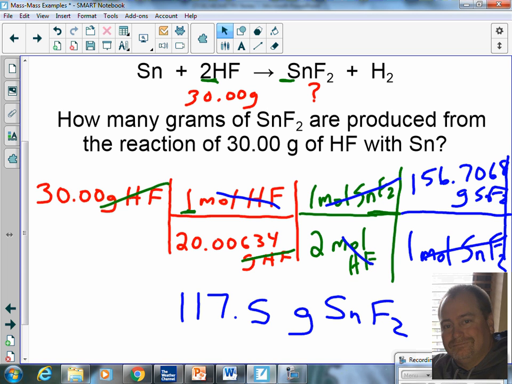Gives me another value, and then I divide that by 2 because I'm dividing by everything on the bottom. And you should get 117.4, yada, yada, yada. Actually, I got something different on my first one. I don't know why. Oh, I calculated my second part wrong. It should be 117.4928548.